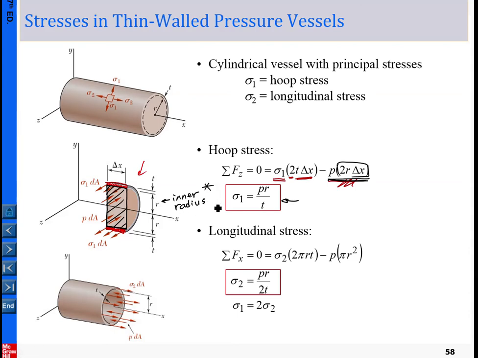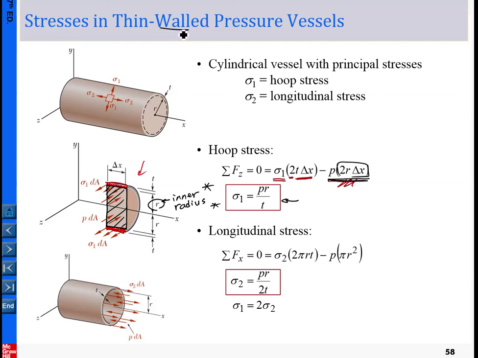I say it one more time: r is the inner radius. A lot of students make a mistake. They simply take r without following this definition. One more time, r is the inner radius, and T is the thickness of the wall.